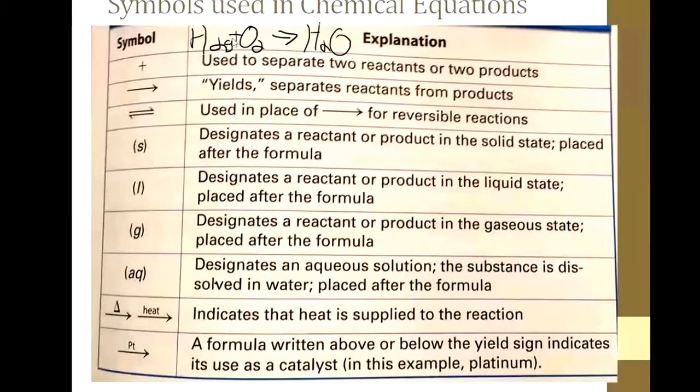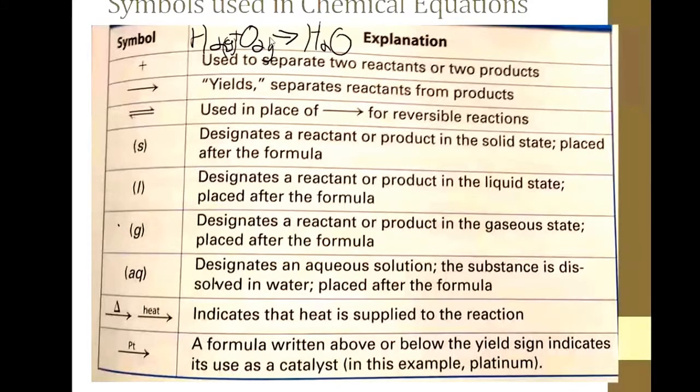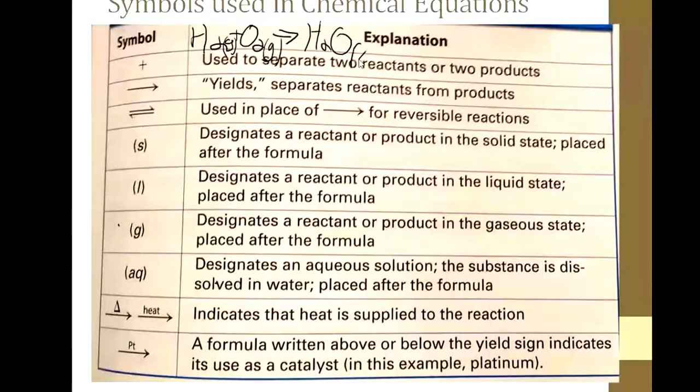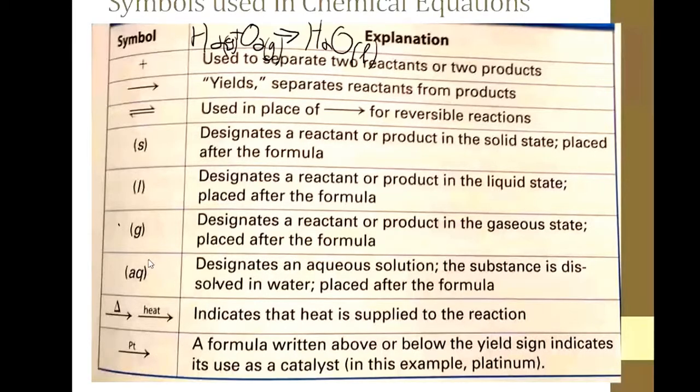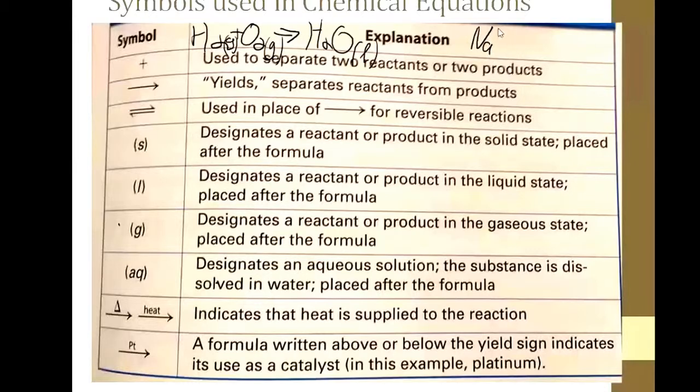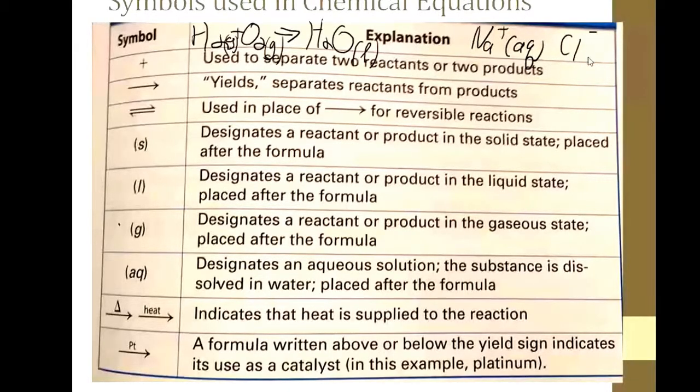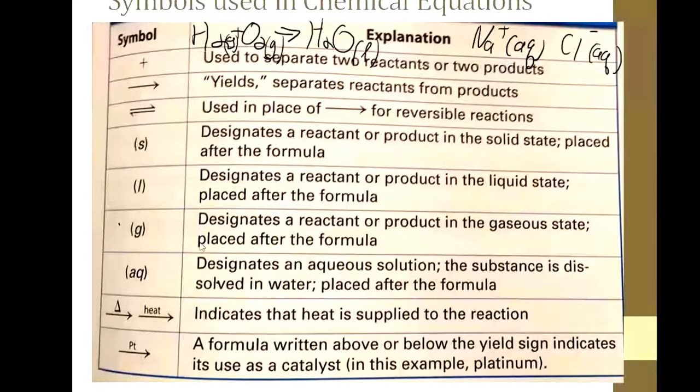After these, you'll have these letters showing what state they usually are. So with H2, it's a gas, so I would have the G in parentheses. O2 is also a gas, so I would have the G in parentheses. The H2O is a liquid, so I'd have the L in parentheses. So you have solid, liquid, and gas. AQ is an aqueous solution, something dissolved in water. So you might have something written like Na plus (aq), Cl minus (aq), to show it's in solution.